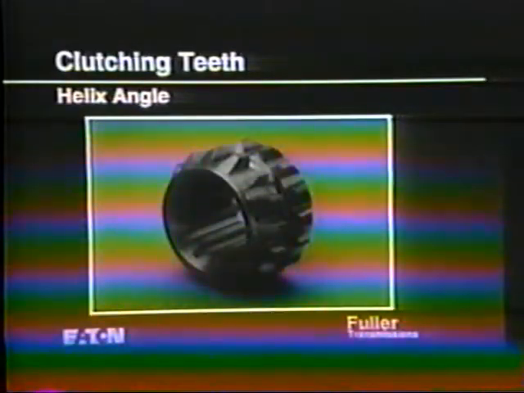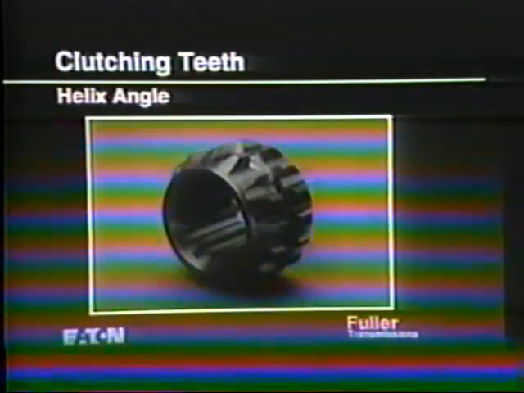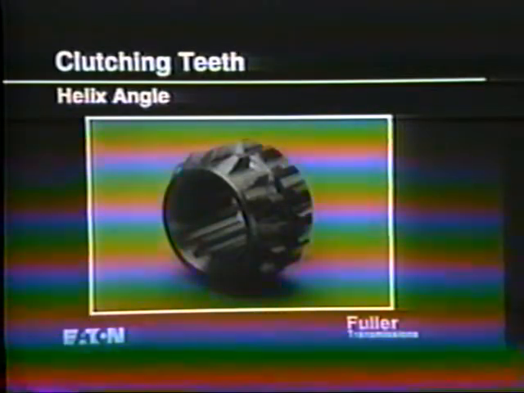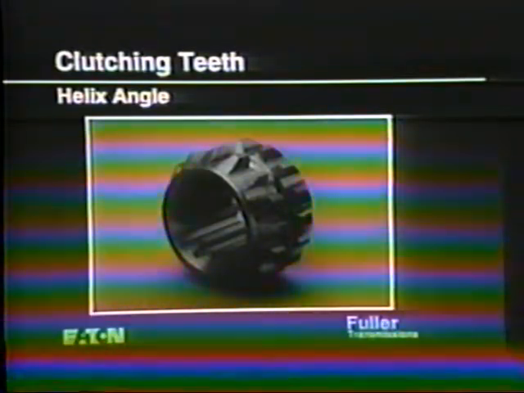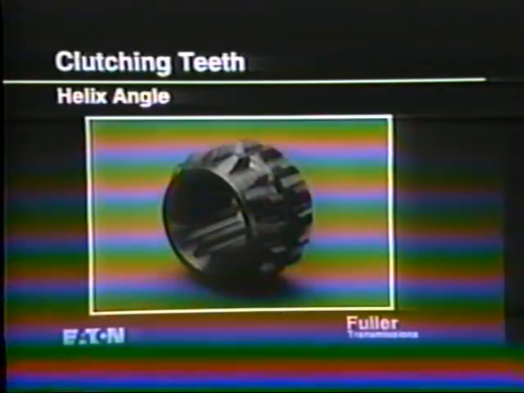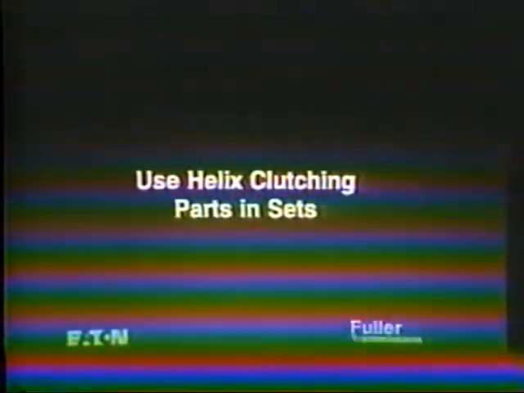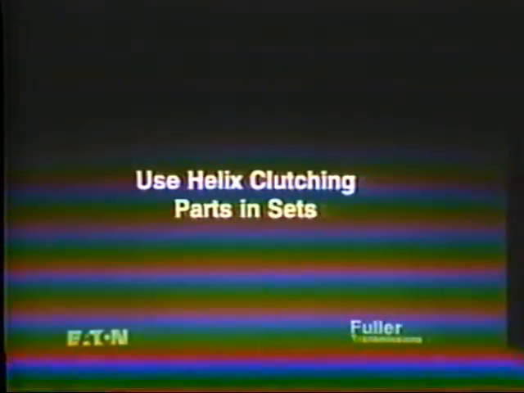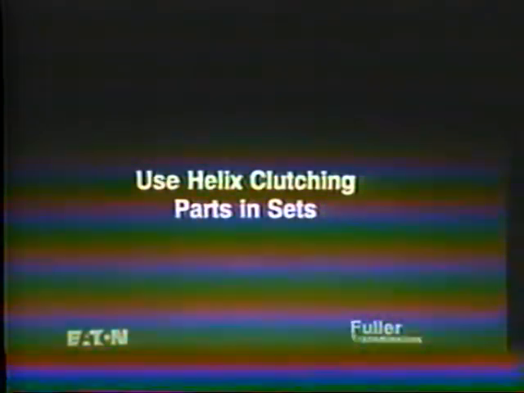Don't confuse tapering due to wear with parts machined with a back taper or helix angle on the clutching teeth. We machine this angle to draw the gears together and help prevent slip-out. Helix clutching parts are used in sets and cannot be mixed with parts having straight-sided clutching teeth. Check the Super Parts book to be sure you use the correct parts.